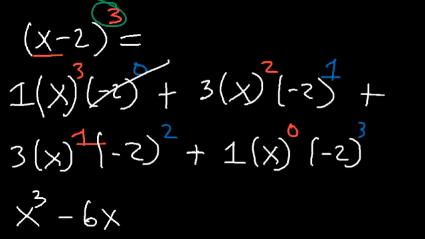Negative 2 squared, that's negative 2 times negative 2, that's 4. Times 3 is 12. So we have 12x. And now the last term, negative 2 to the third power is negative 8. And x to the 0 is 1, so this is simply negative 8.